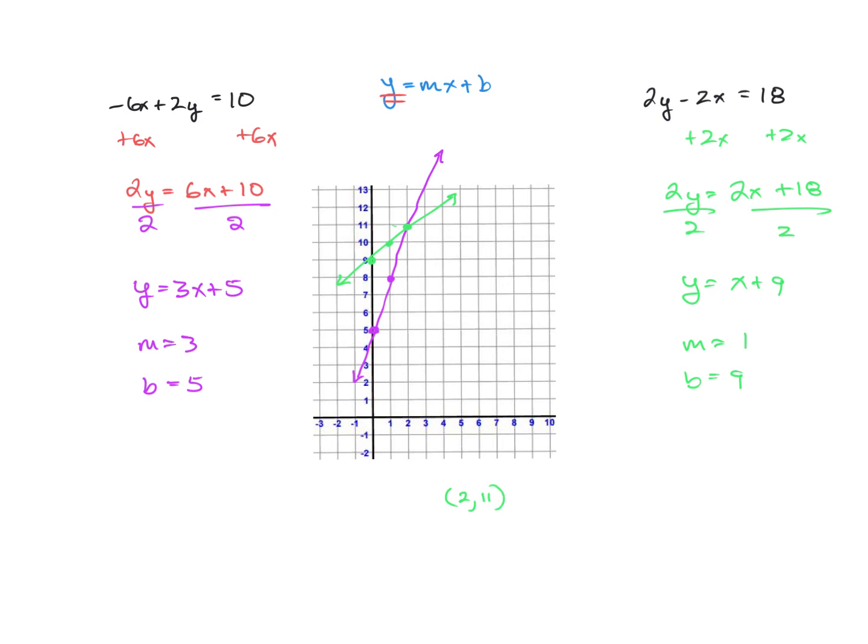If I were to plug in, would 11, my y, equal 2 plus 9, 2 being my x? 11 equals 11, that would be correct. So that is the solution to this function. And for the other function, if y is 11 and I plug in a 2, 3 times 2 plus 5, I have 6 plus 5, and 11 is equal to 11.